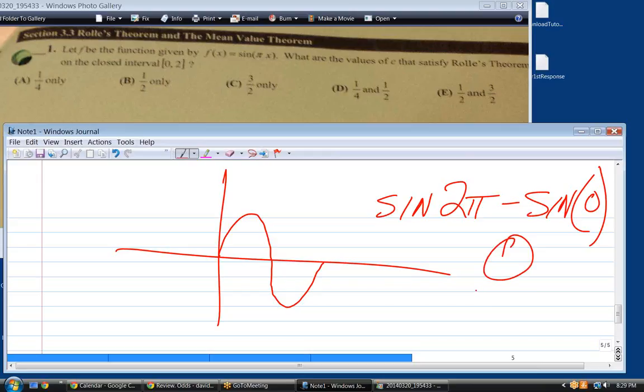How can that be? Oh, maybe it can be. Yeah, because this point here is probably 2. No, this point here is 2. And then I would have the sine of 2 pi, which is 0. So the average slope between 0 and 2, yeah, this function right here is the sine of pi x.